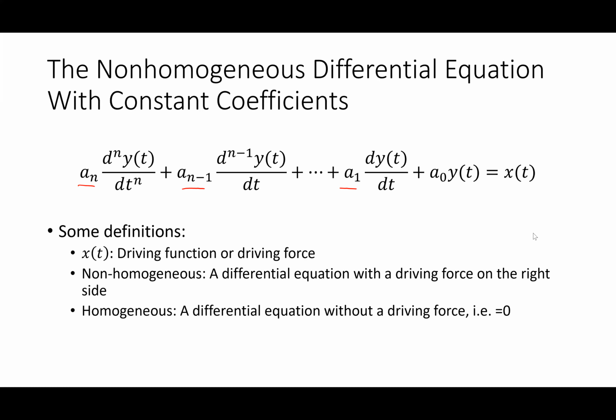Last time I talked about the order of the equation being equal to the highest derivative I have, right? So if I have a second order system, the highest derivative I have is the second derivative. Intuitively, if I have a system that has an energy storage element, that's what causes me to have a differential equation, right?